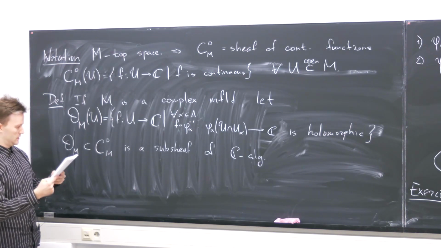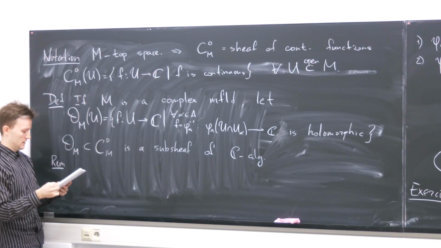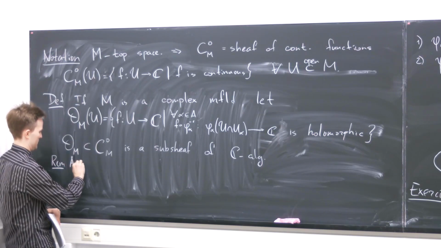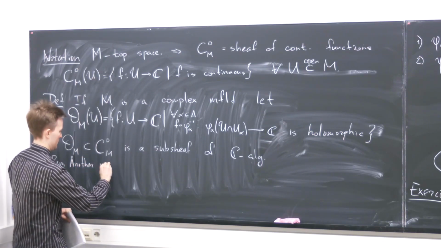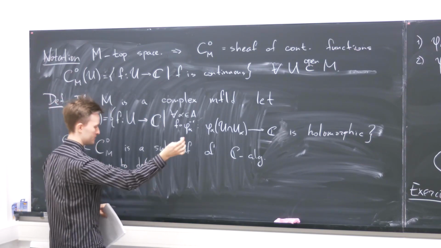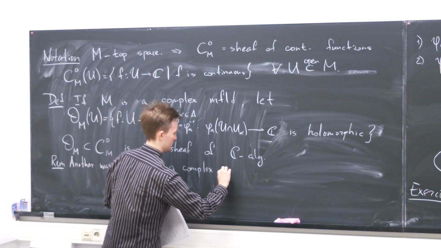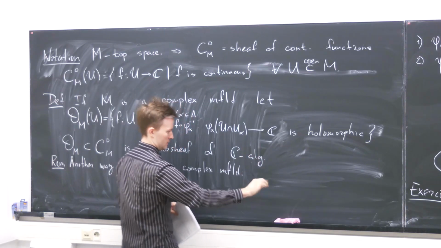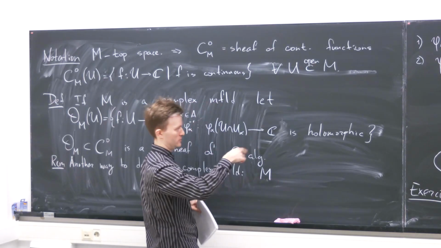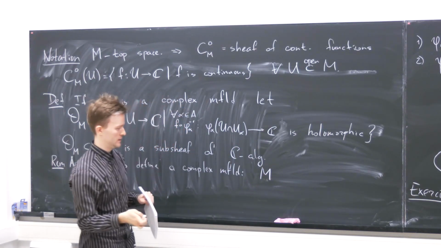So we can write it as a remark. Let me repeat this. Another way to define a complex manifold: M is a topological space, again Hausdorff, and with countable base, we always assume this to exclude some pathological examples.